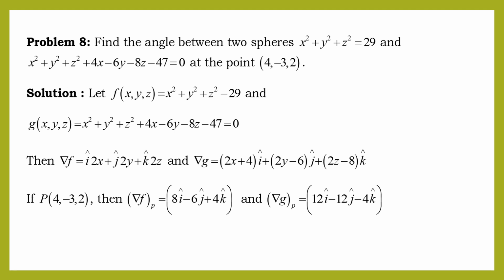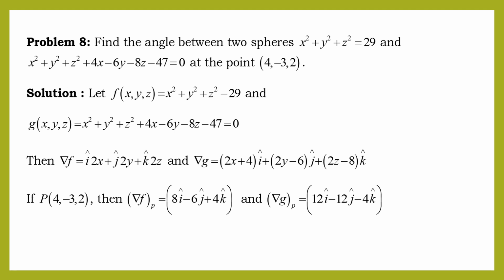Let P equals (4, -3, 2), which is our given point. To find out the angle between f and g, first we have to find out the gradients of these two surfaces f and g. Let us first find out the gradient of the first surface f.